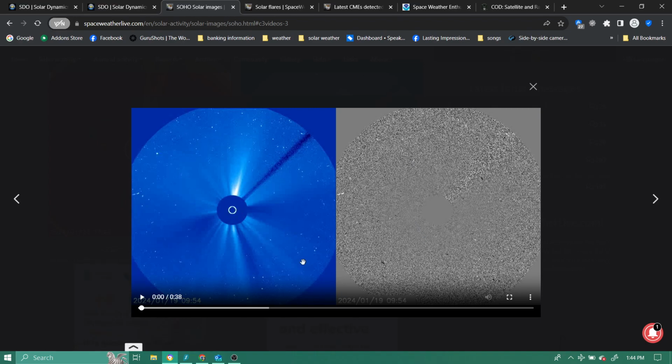Now, the blue, we're right behind the center disk. So whatever's coming around that center disk is going to hit us. Whatever's going off one side or the other is going to miss us.